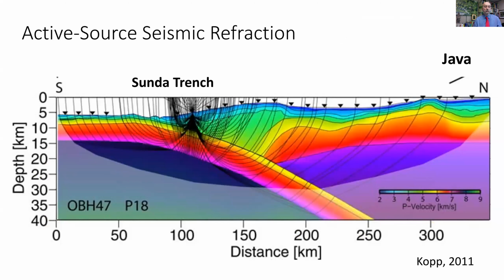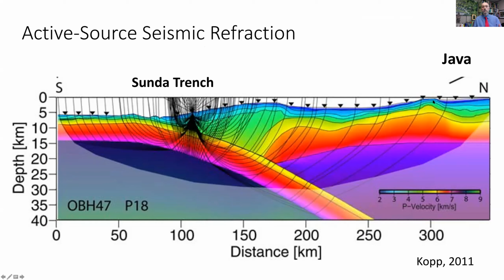We can also study this geometry and velocity structure of the oceanic lithosphere descending beneath the forearc using active source seismic refraction seismology. This is where the airgun sources are penetrating through the different layers and are recorded to long distances.